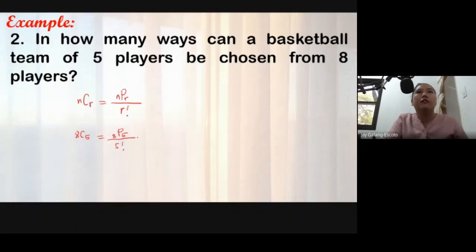Now next, fundamental counting principle: you have 5 positions, so 8 times 7 times 6 times 5 times 4. And then expand 5 factorial, that is equal to 5 times 4 times 3 times 2 times 1. And then proceed with simplifying the whole expression.